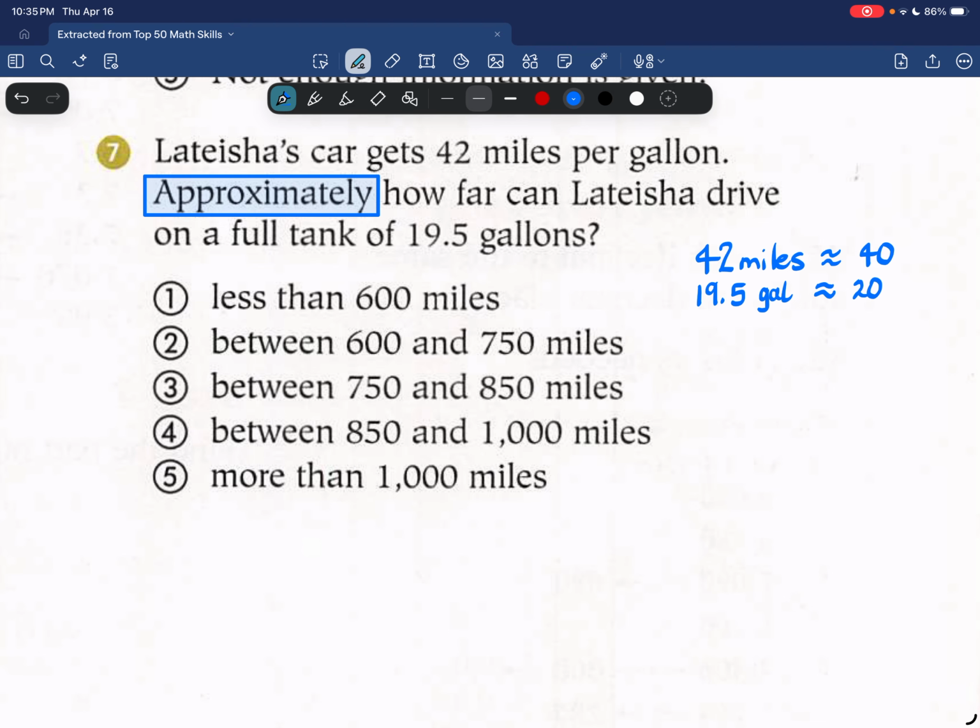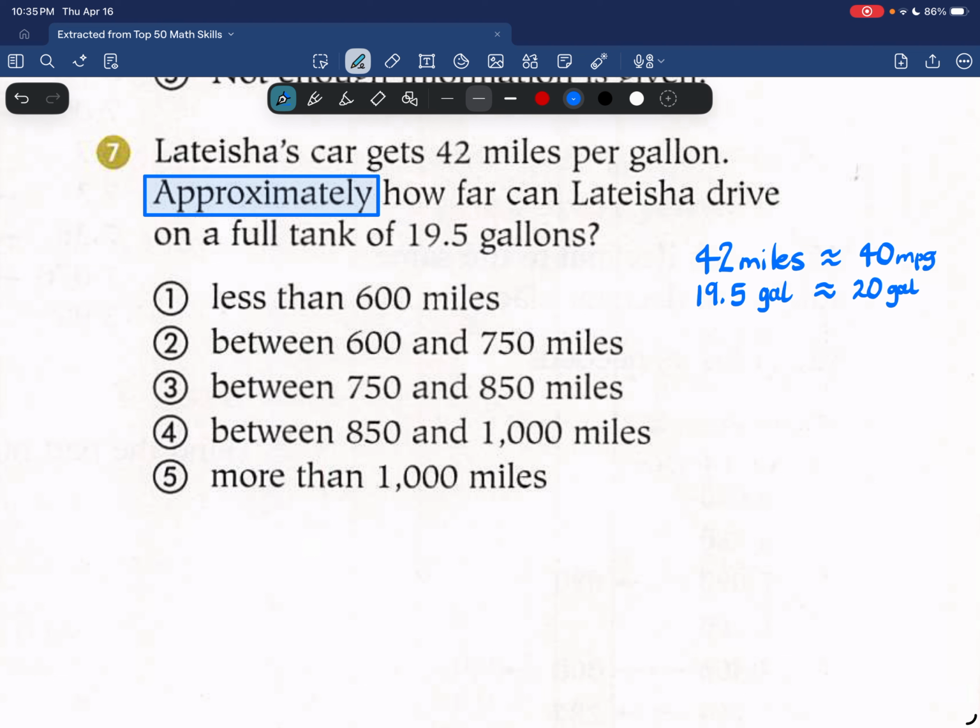Now be careful here. 42 miles, I was wrong here. I should have said miles per gallon. It's not 42 miles that she drove. It's 42 miles for every gallon of gas. And this is 20 gallons.